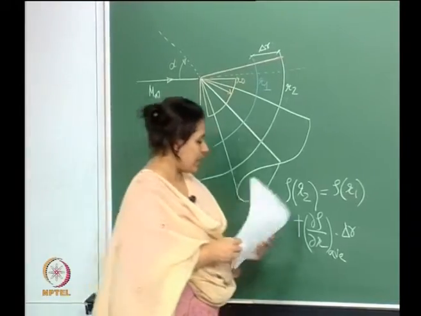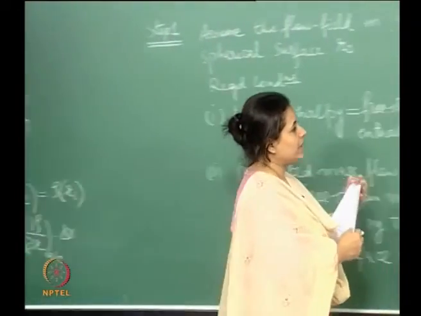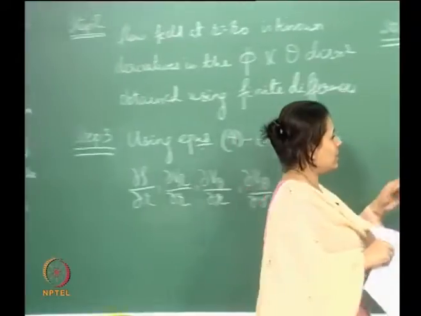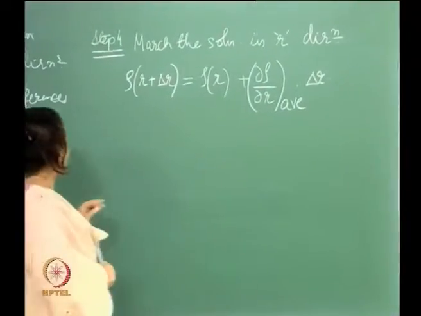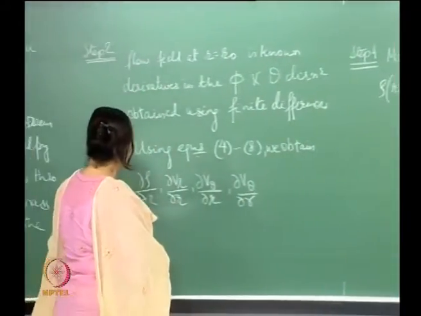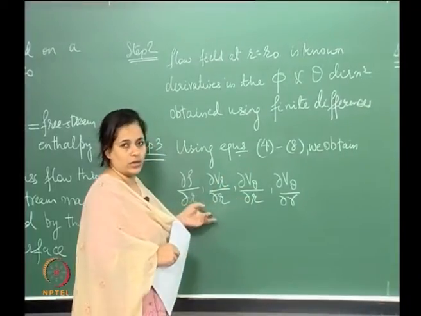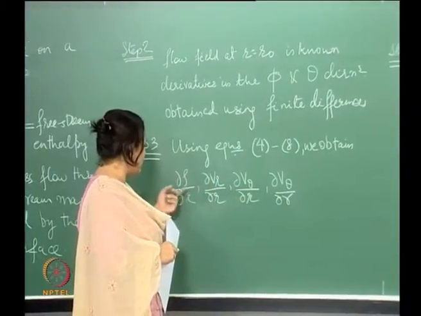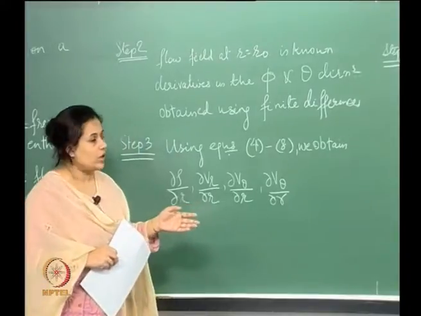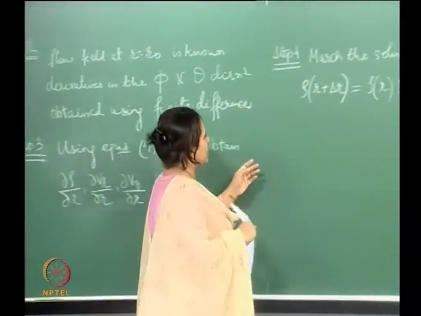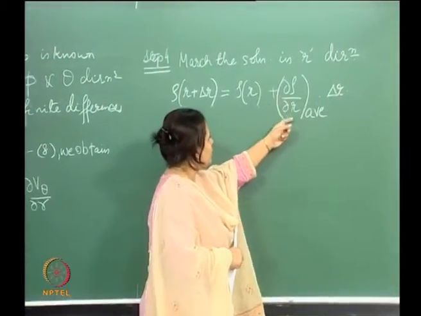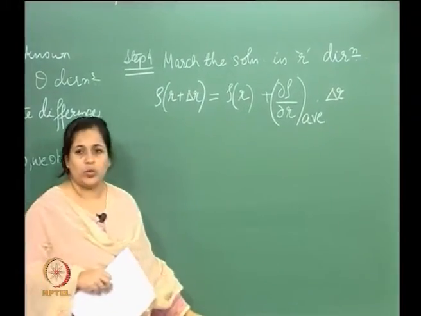Now, in here, what we have calculated in step 3 is basically these values, del rho del R. What we are looking to do here, though, is del rho del R as an average value. What does that mean?